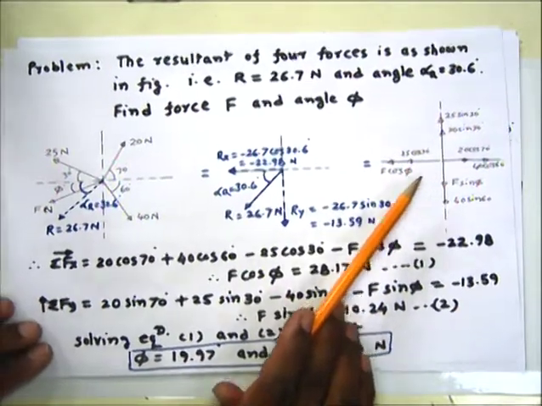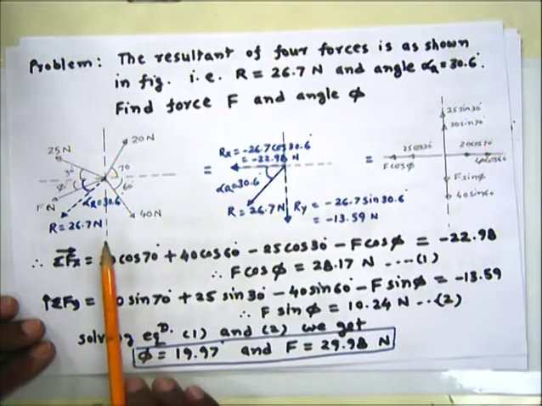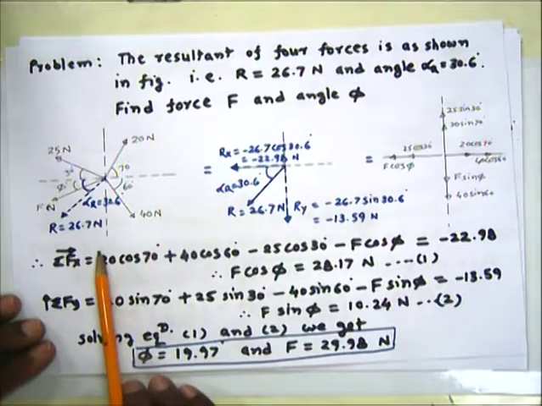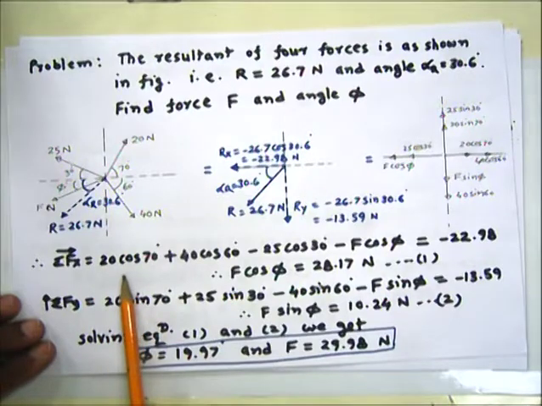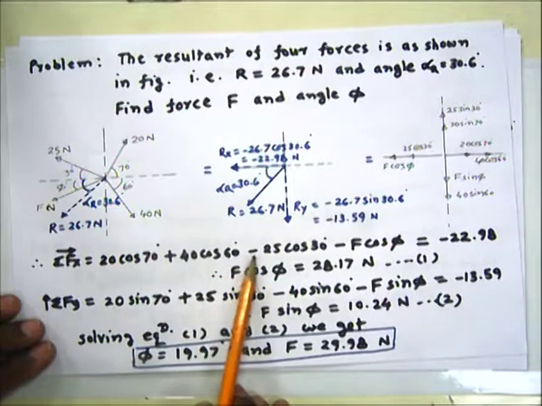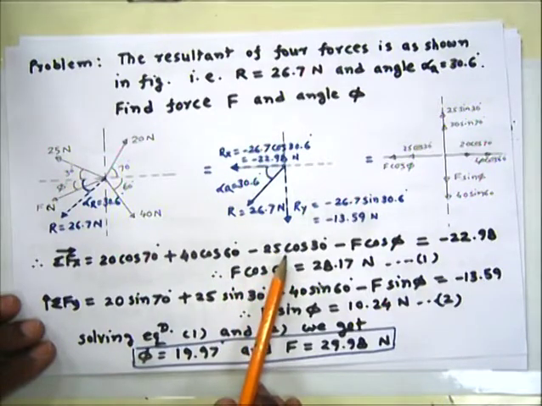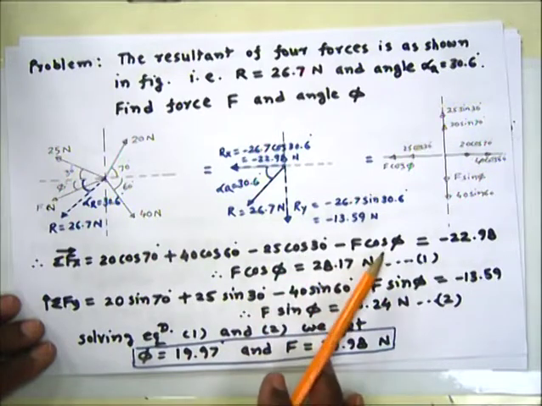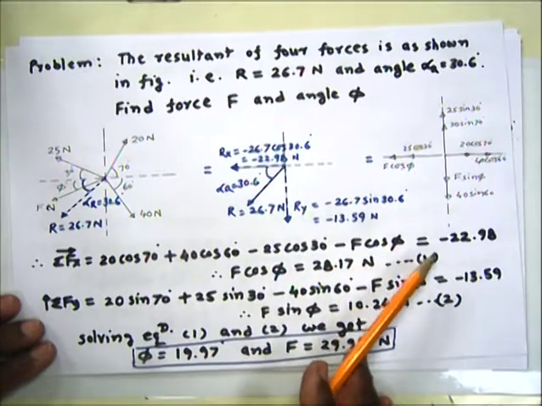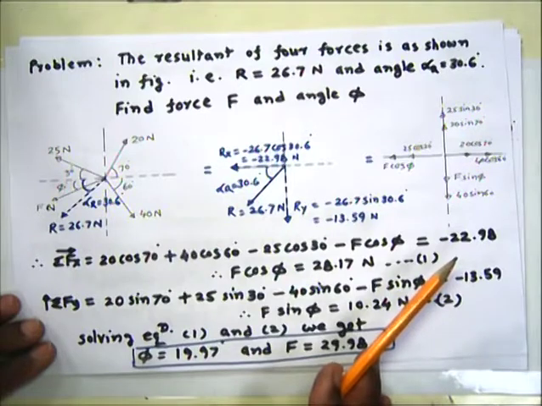Then doing the summation, finding the value of sigma Fx, we can write sigma Fx is equal to 20 cos 70 plus 40 cos 60 minus, because it is on the left side, minus 25 cos 30 minus F cos phi, which is equal to minus 22.98.